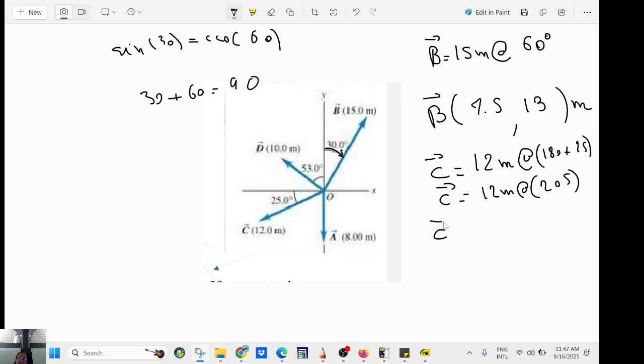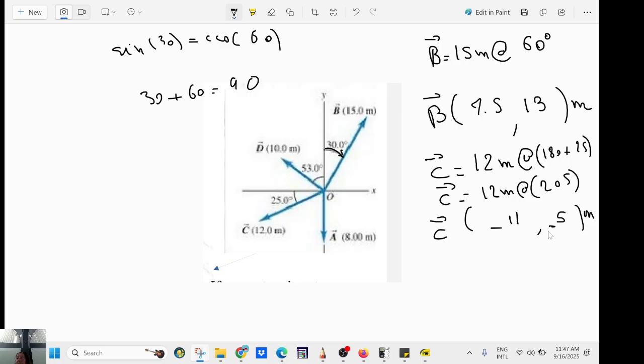Okay, so C has an x component of, so you can say 12 cosine 205 or 12 cosine 25. Negative 10 or negative 11? So negative 11, and then you do 12 sine 205 and you have negative 5.